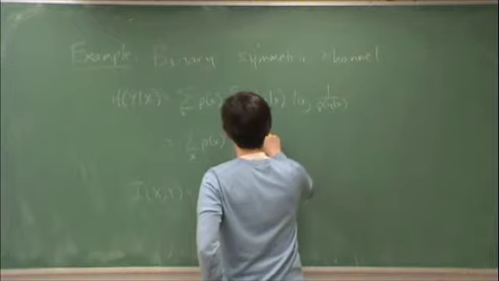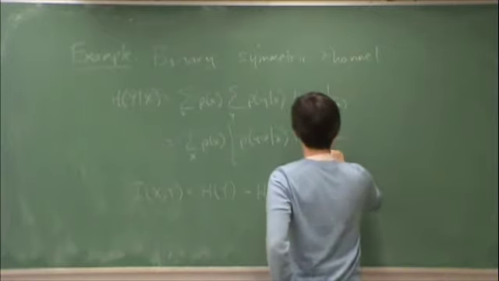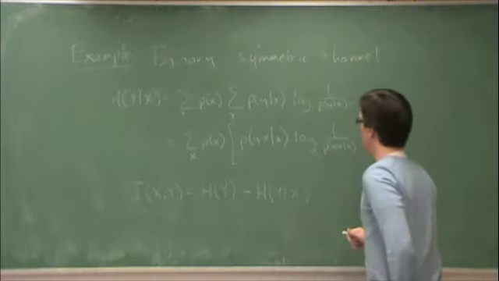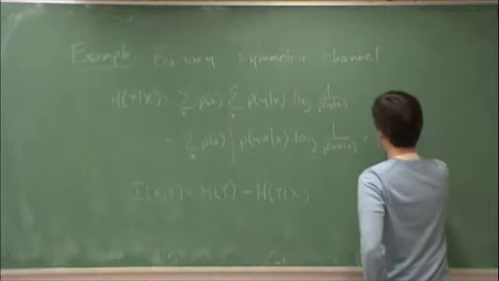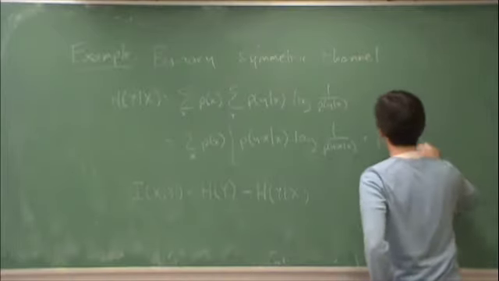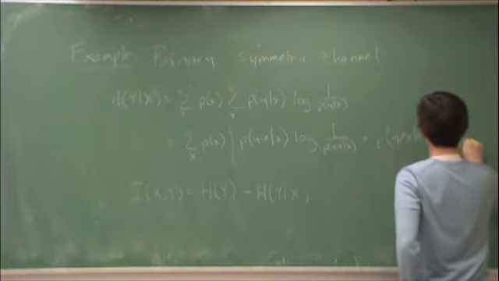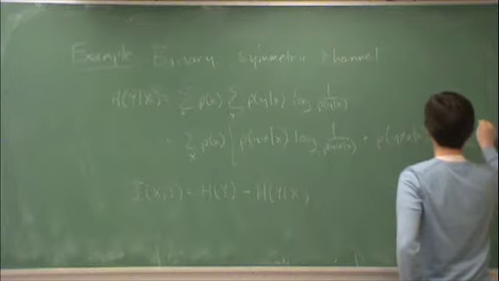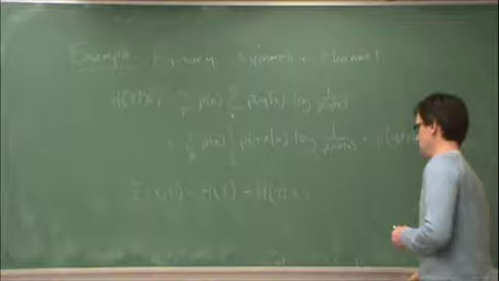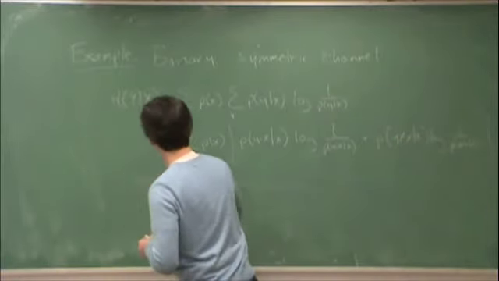Probability of y equal to x given x, log 1 over probability y equal to x given x, plus probability y not equal to x given x, log 1 over probability y not equal to x given x.